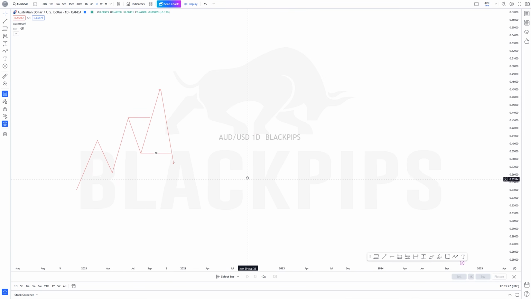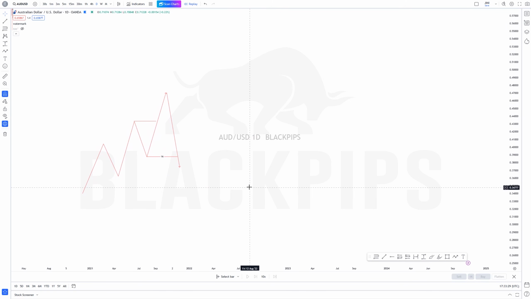So transition in the bullish market structure occurs when the market fails to respect the previous higher low. When I say the previous higher low, I mean this one, because this was the higher high and this was the highest point.